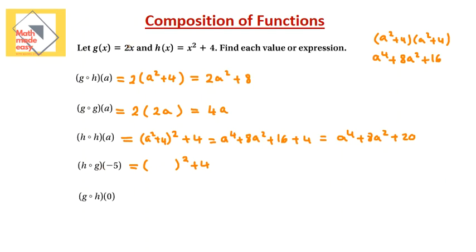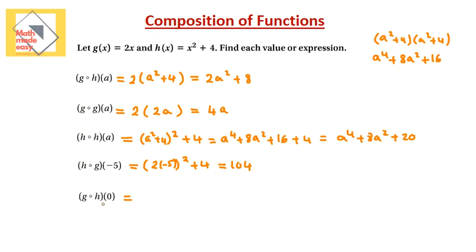Function g. Function g is 2x. However, we're not using x, we're using this value, -5. So I'm going to substitute here for 2 multiplied by -5, which is -10. -10 squared is 100. 100 plus 4 is 104. Well, it's a number, so life is a lot easier when you want to simplify.